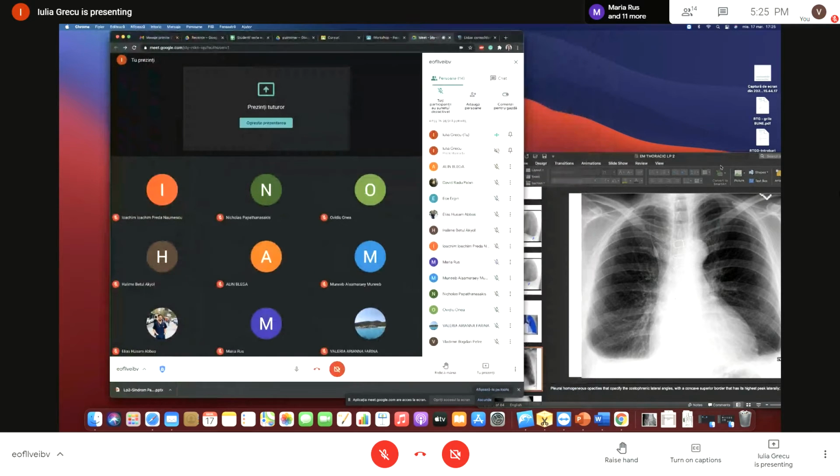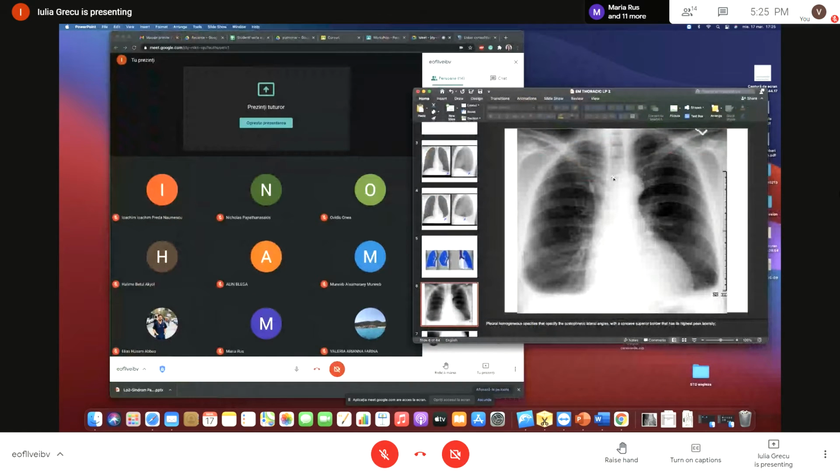Basically, it's projected on the upper part of the lung. It is a supplementary fissure called the azygos fissure, and it interconnects the opacity of the azygos vein with a fissure that delimitates a supplementary lobe in the right lung, which is called the azygos lobe.